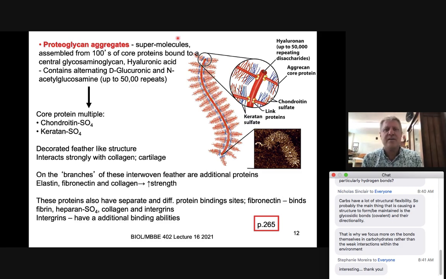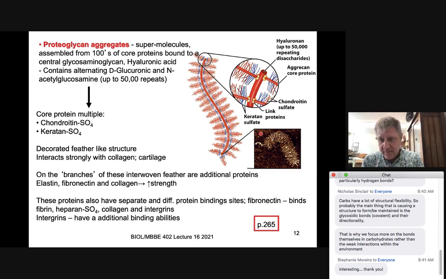These are very large molecules, many thousands of core proteins bound to the central hyaluronic acid containing the glucuronic acid and N-acetylglucosamine. This gives us this little feather star component that has a massive surface area in regards to being able to attract and bind to materials.